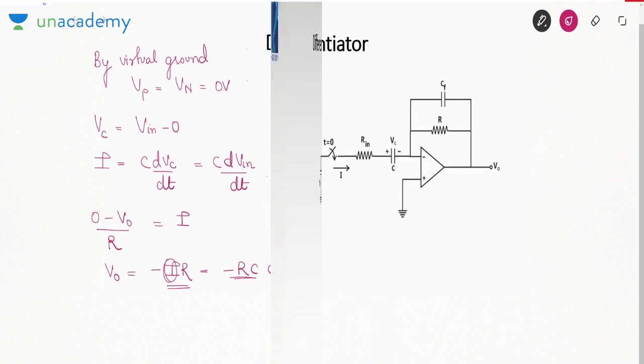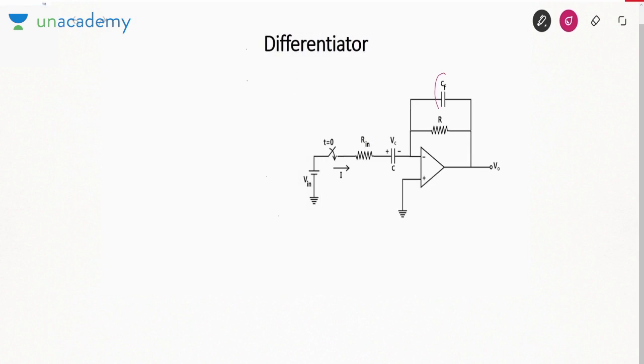So what we do is we connect a capacitor in the feedback. At high frequency, what will happen? 1 by omega C will tend to 0. So CF will be shorted.